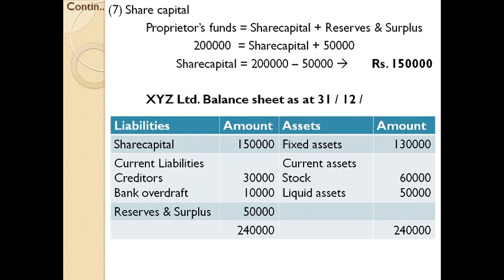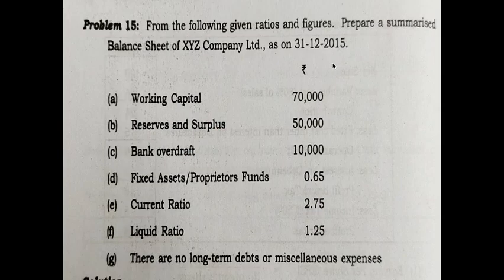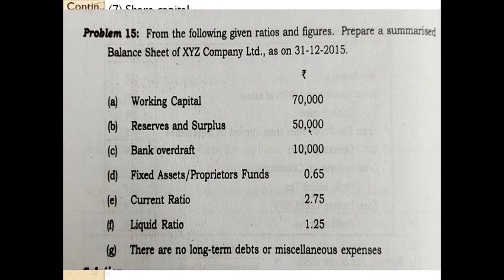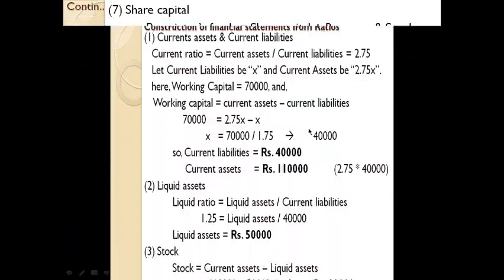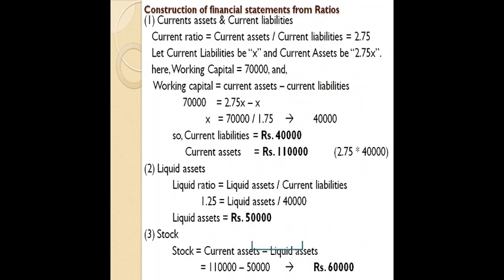In this question, first one, share capital 1,50,000. Next one, reserves and surplus 50,000. It is already given in the question. Next one, current liability is 40,000, we found.